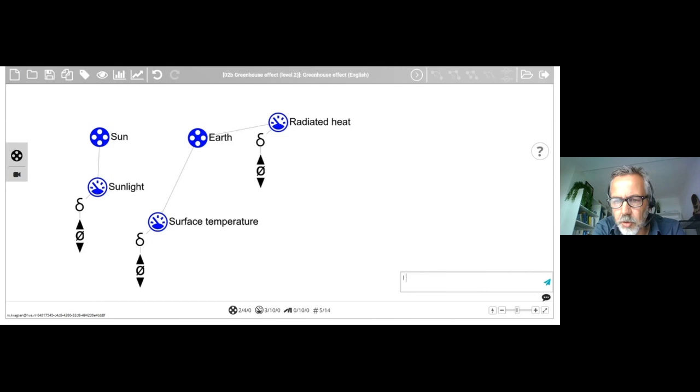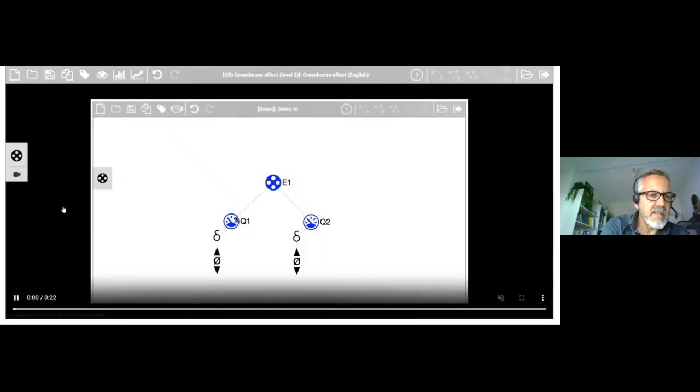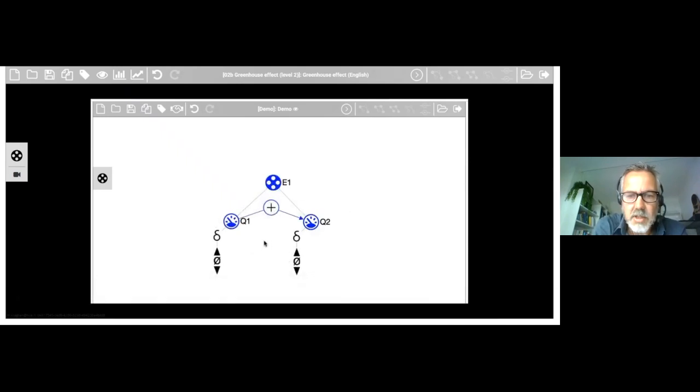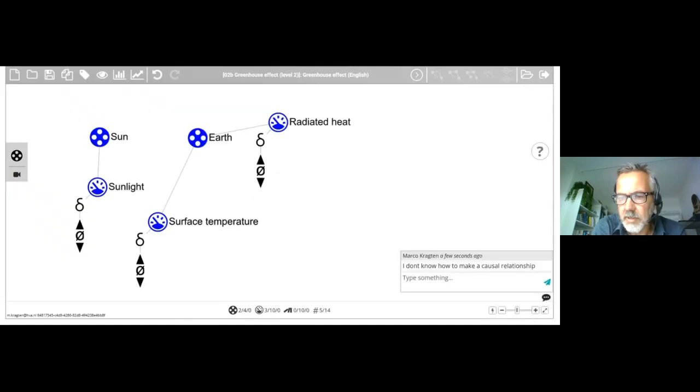So now the student is in the workbook and has to do something that he or she doesn't understand, and writes a chat, and the teacher can see which students have chatted, so they don't have to go through all the models to see if something is posted, but they get an overview. But the student now finds out the video function and sees that a causal relationship is created like this, so he can move on without help of the teacher.